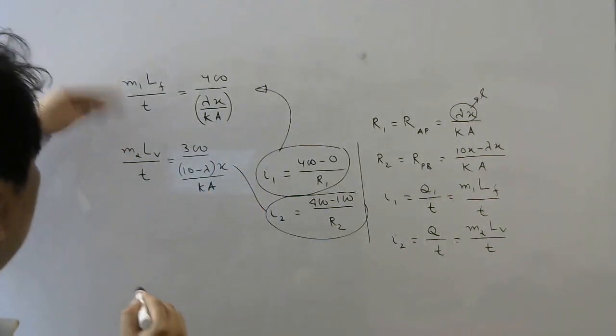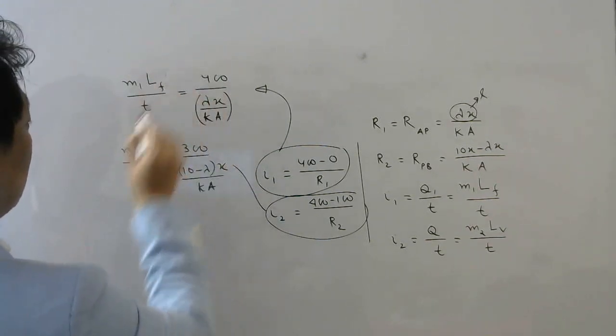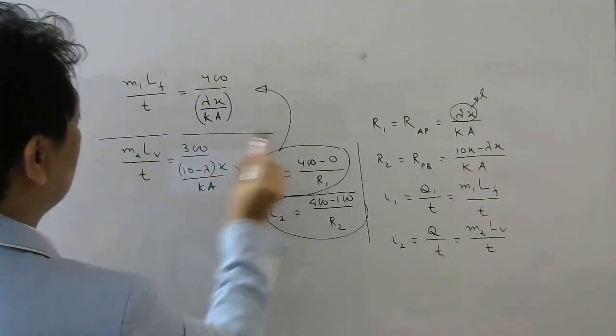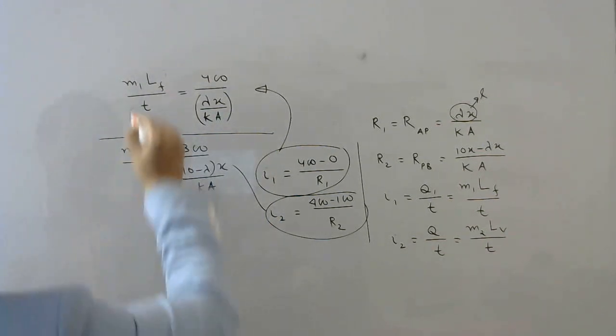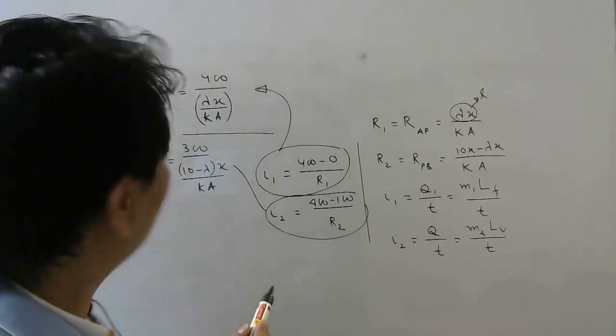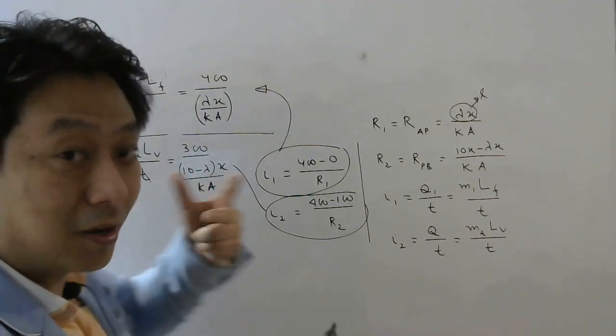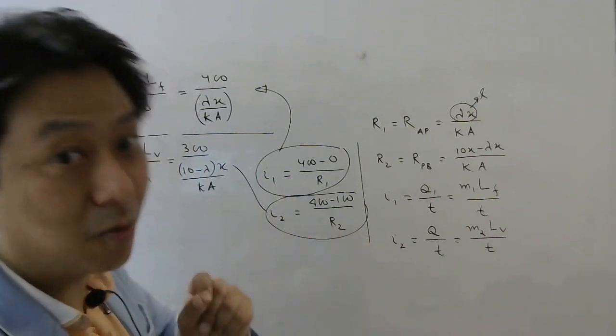Now, how to solve these equations? Because we have to calculate lambda, remember. So let us divide these two equations. If I divide these two equations, M1 by t and M2 by t will cancel. Why will it cancel? Because they told us an equal amount of ice melts and an equal amount of water vaporizes per unit time.